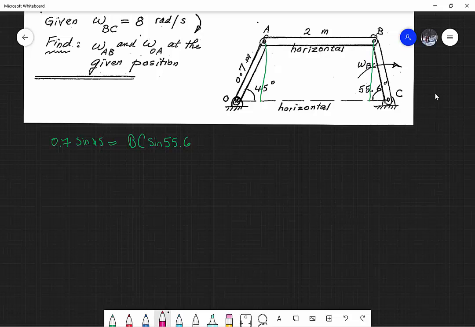Therefore we can find that BC equals 0.6 meter. Great. Now we can start solving this problem.